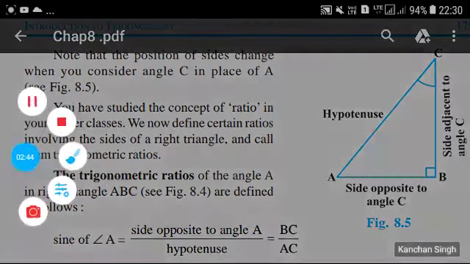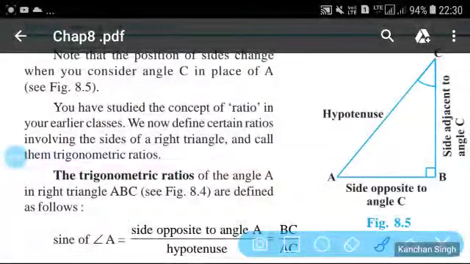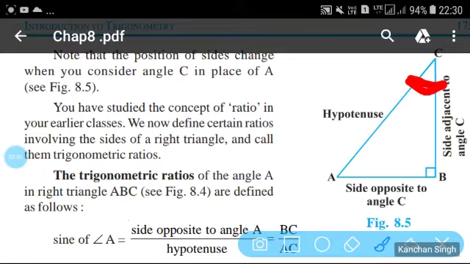Now if we want to write sine C, everything will change. The opposite side to angle C is AB, and the hypotenuse is AC. So don't get confused.